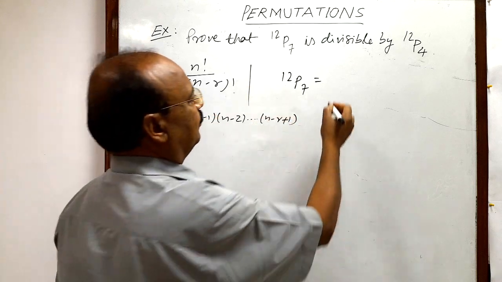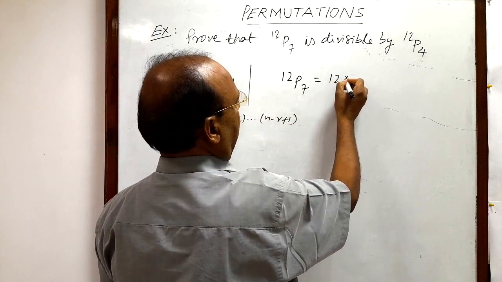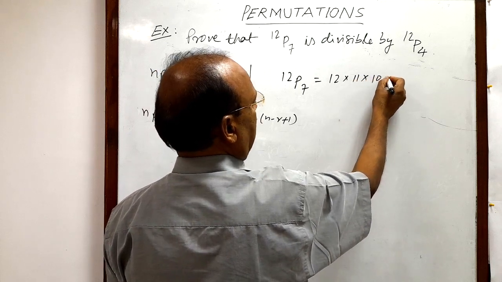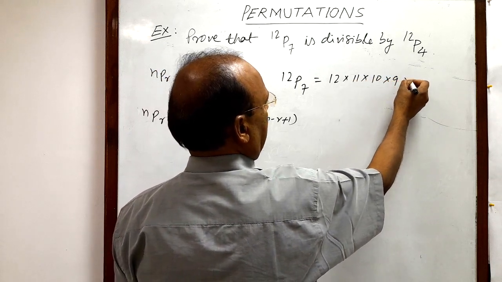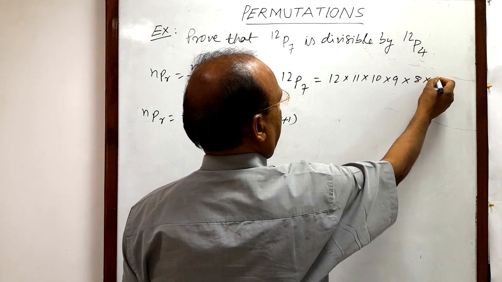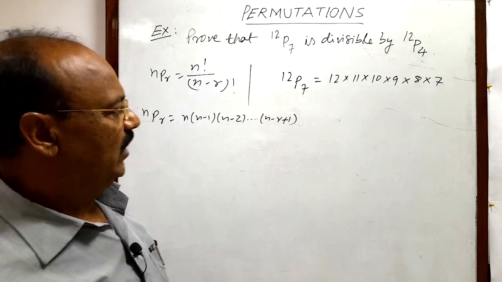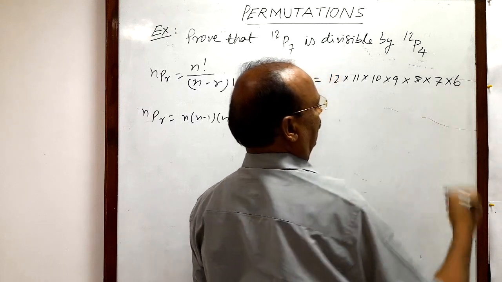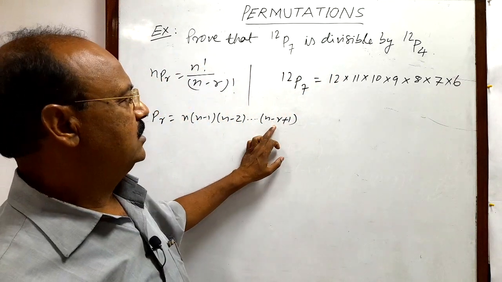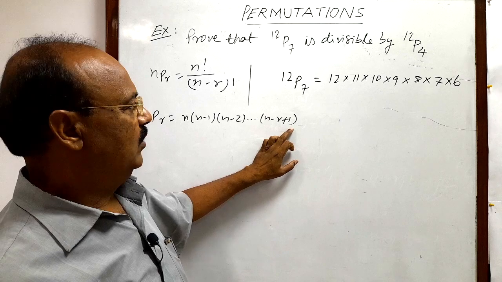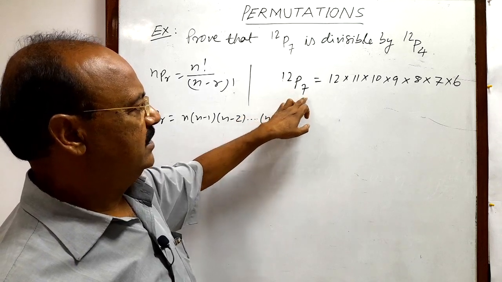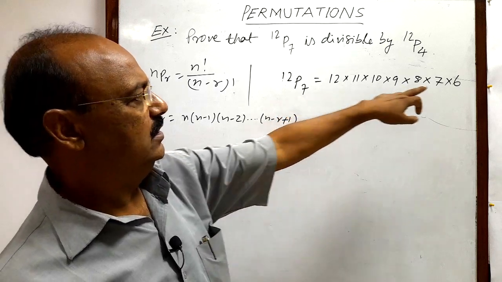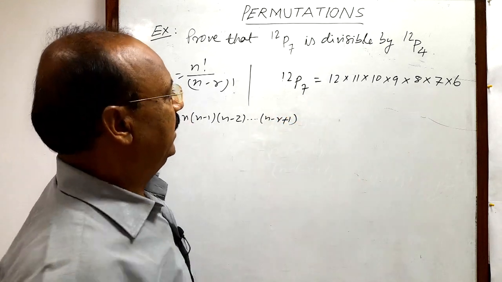So this is 12 into 11 into 10 into 9 into 8 into 7 into one more factor we are supposed to write, into 6, because the last factor is n minus r plus 1. So 12 minus 7 plus 1. 12 minus 7 is 5, plus 1 is 6.